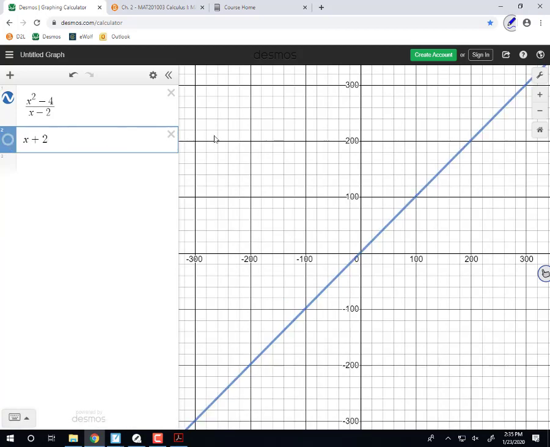Same line. Well, let me put that back. What is the difference between the rational function and our linear function?